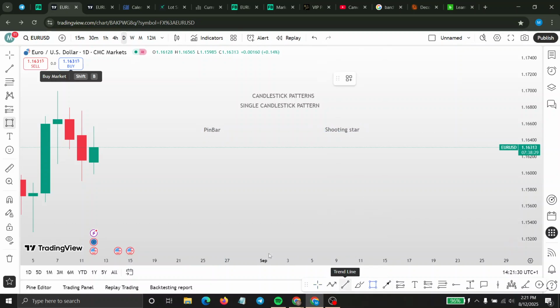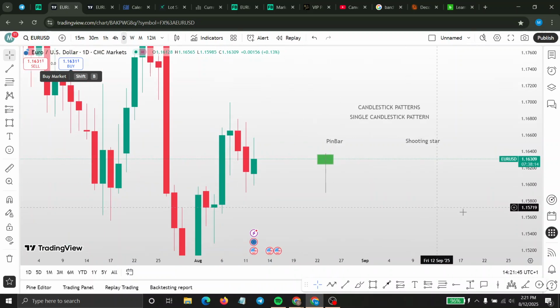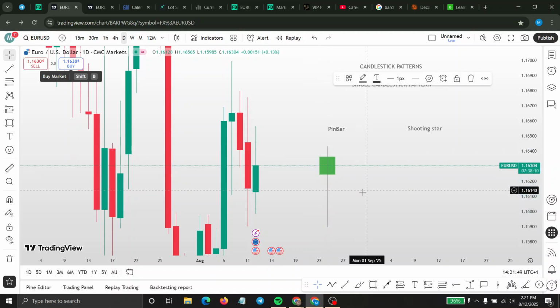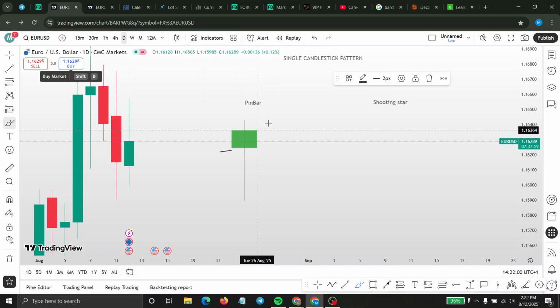So how does it form? You can see, what do you notice about this pin bar? Where did it open? It opened here and it also closes here.